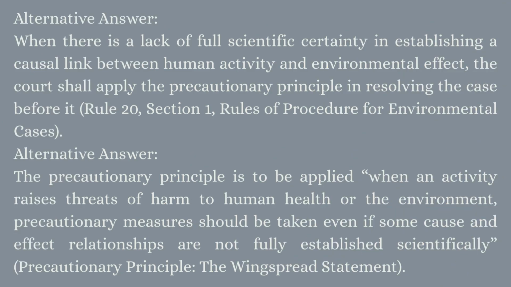When there is lack of full scientific certainty in establishing a causal link between human activity and environmental effect, the court shall apply the precautionary principle in resolving the case before it. Another alternative answer. The precautionary principle is to be applied when an activity raises threats of harm to human health or the environment. Precautionary measures should be taken even if some cause and effect relationships are not fully established scientifically.